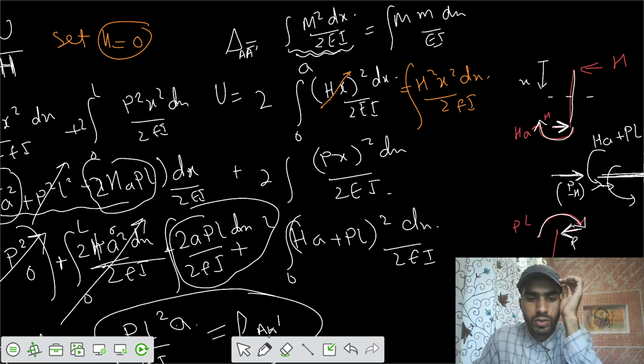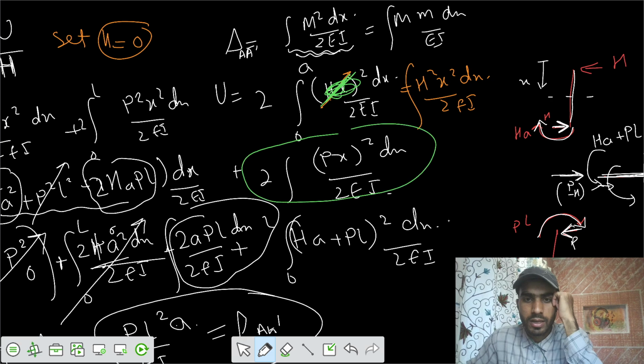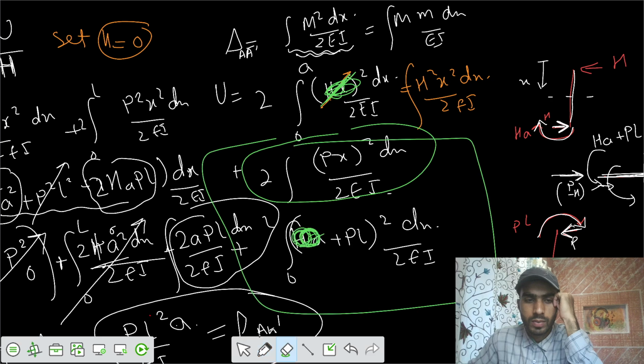If I set H equal to 0 before solving for delta, then to calculate the effect at CC dash, this is 0, this one remains, and the effect of this H a is also 0. So we have to solve only this part now. Understand that?